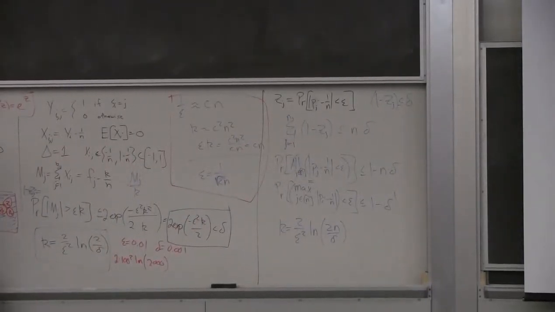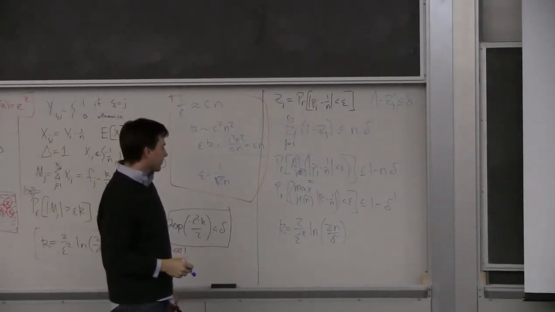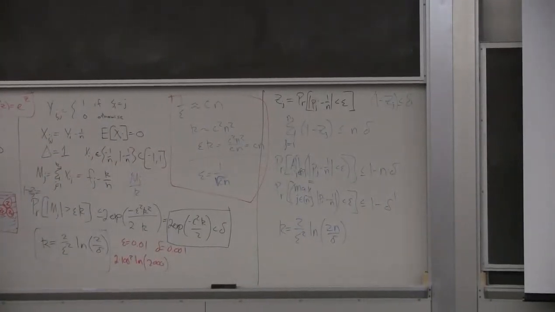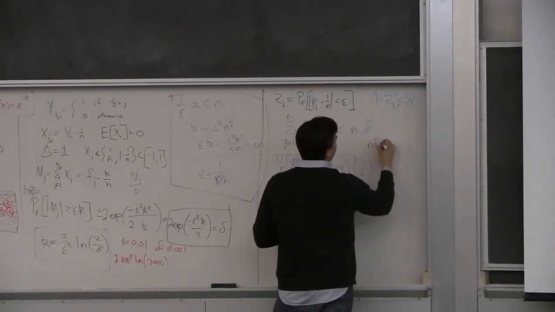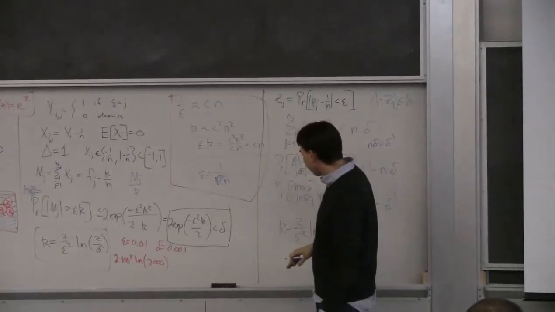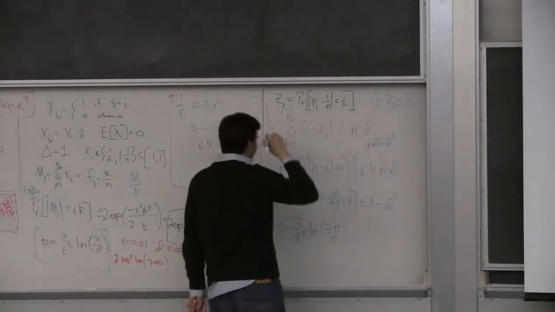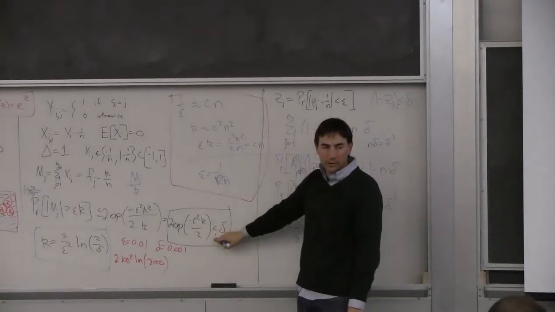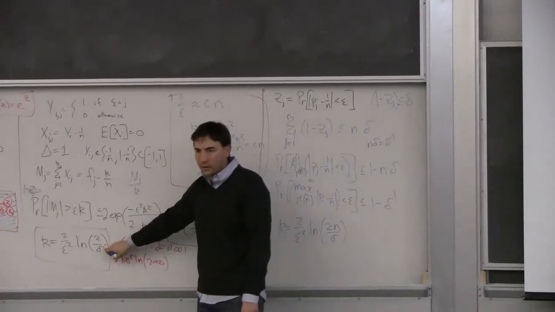So what did I do there? I wrote out, let's see, so how did I do this? I'm going to use that n times delta is equal to delta prime. So I actually want the probability for all of these to be less than delta prime instead. So I plug delta prime into here, right?